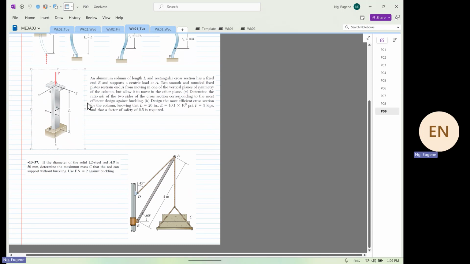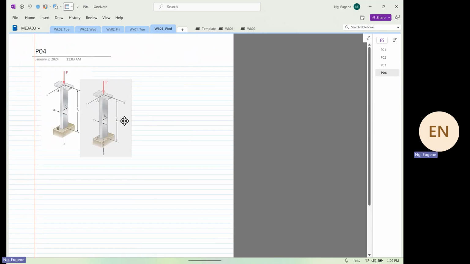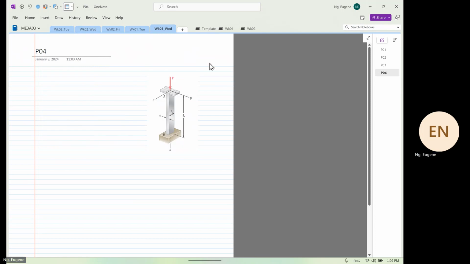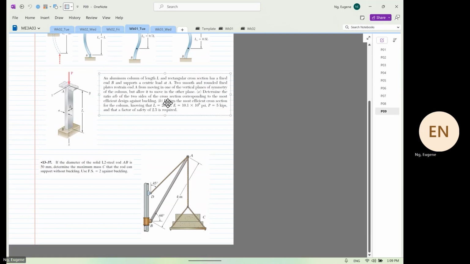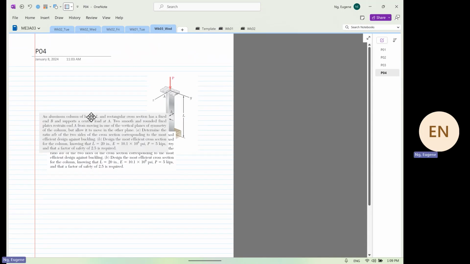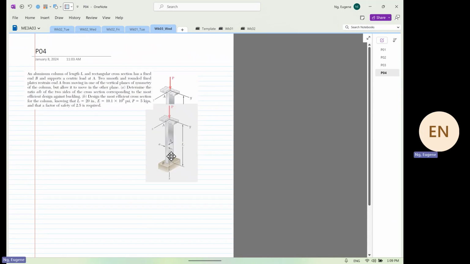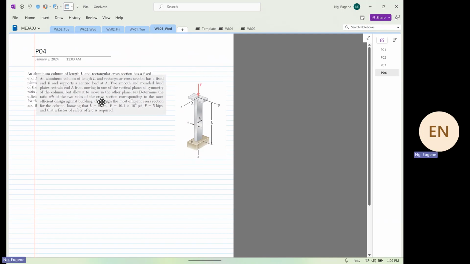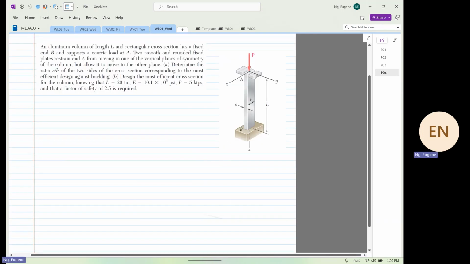Okay, so this is the next problem. This problem is pretty straightforward. I like to think so. Okay, I do apologize. This problem is not so straightforward. I'll tell you why.